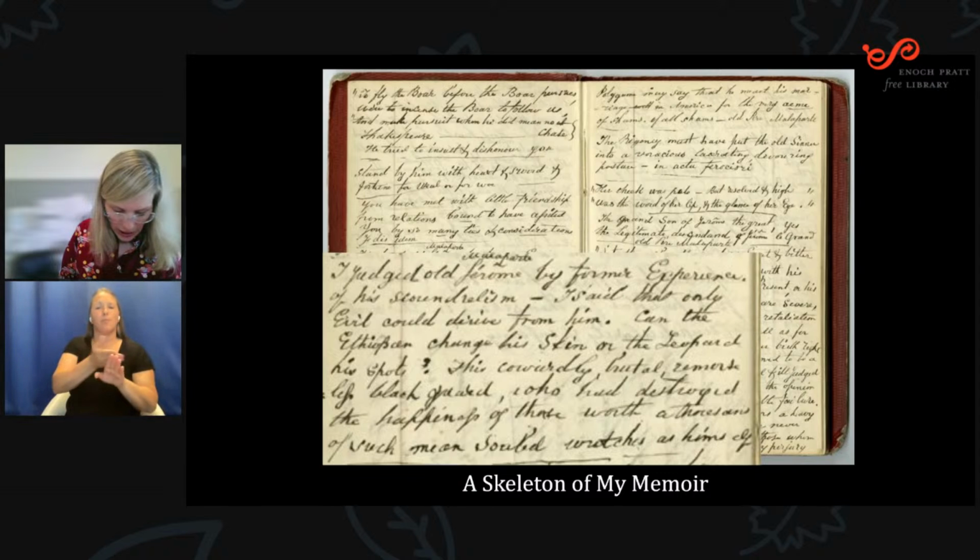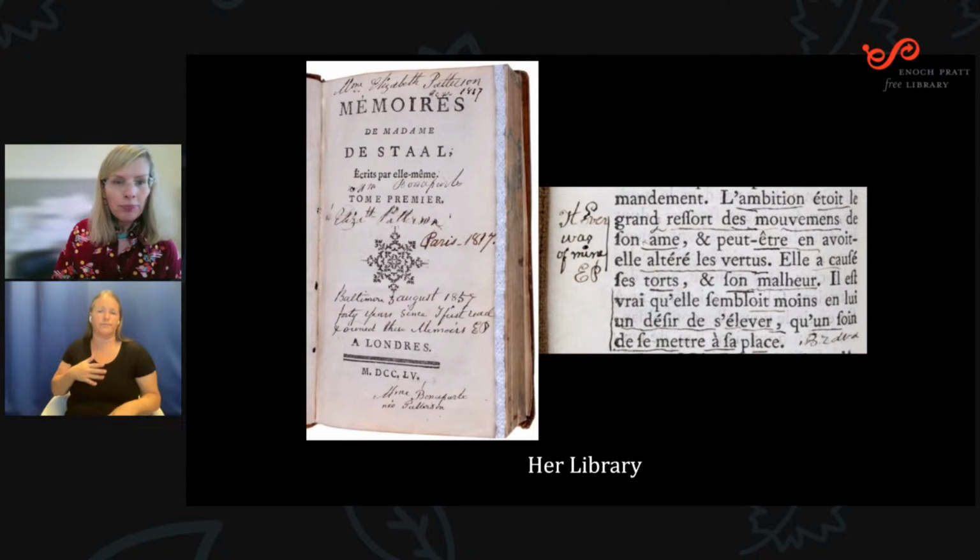I said that only evil could derive from him. Can the Ethiopian change his skin or the leopard his spots? This cowardly, brutal, remorseless, black heart who has destroyed the happiness of those worth 1,000 of such mean-souled wretches as himself." End quote. It's an eye-waterer, and this is how Elizabeth wrote.